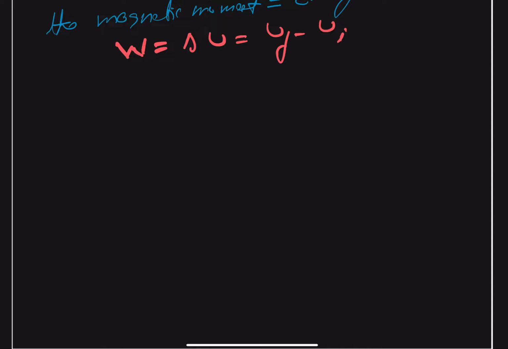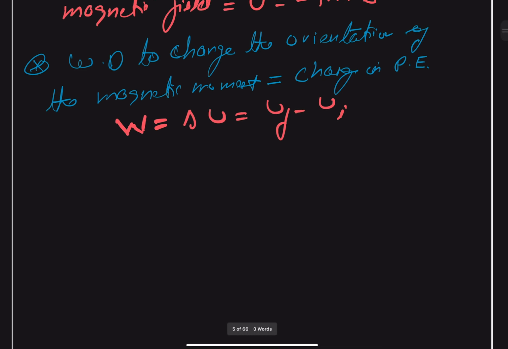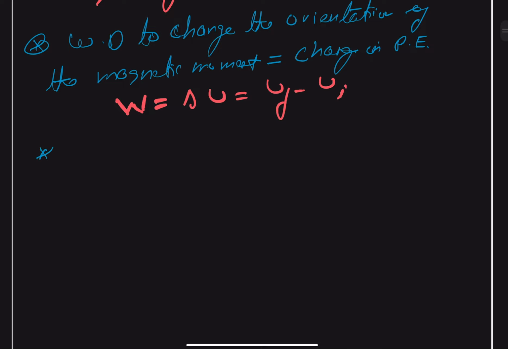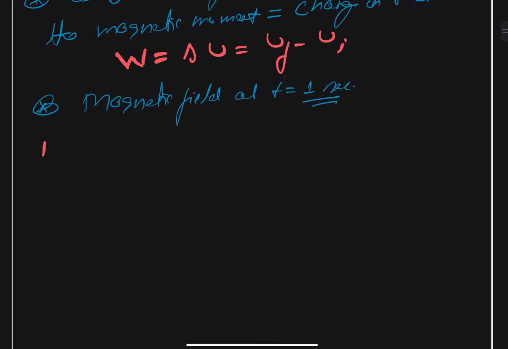And we can easily find out the various values, and keep in mind that we have to find out everything at t is equal to 1 second. So the magnetic field at t is equal to 1 second, we are given the equation for that, that is B of t is equal to B I unit vector cos of omega t.